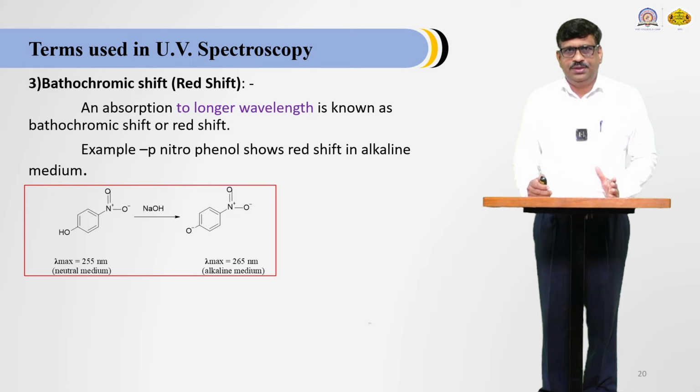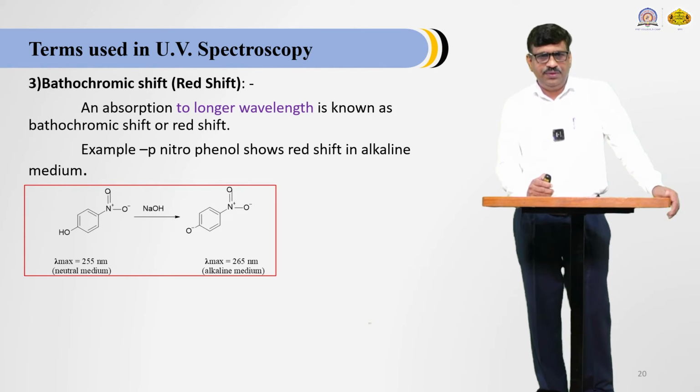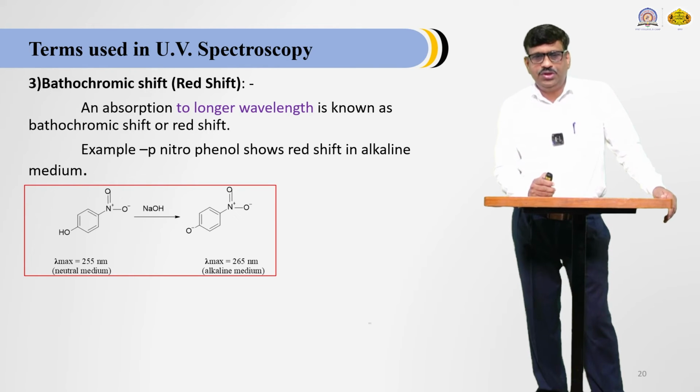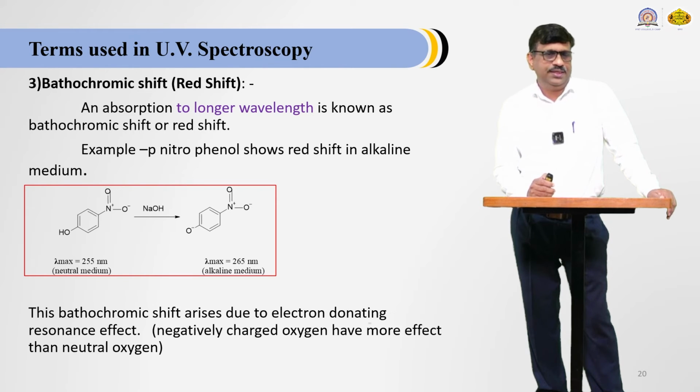Bathochromic shift means the absorption is taking place at a higher wavelength. Initial absorption is at 255 nanometer in neutral medium. If you add base to that solution, that is in basic medium, it shows absorption at 265 nanometer. Hence, it is called bathochromic shift.